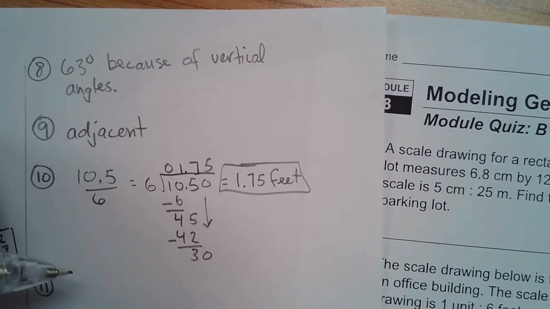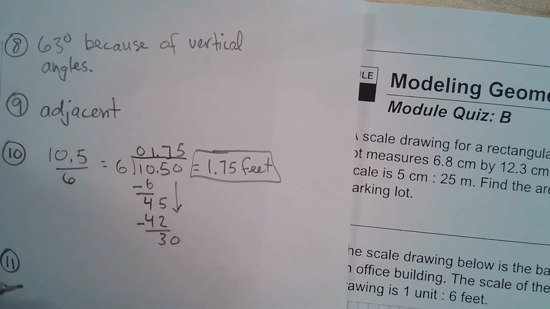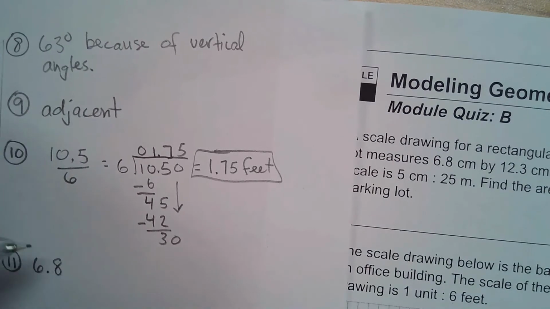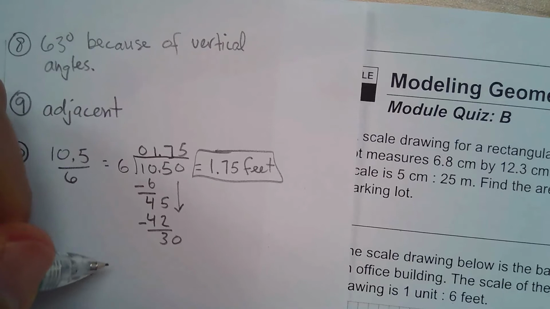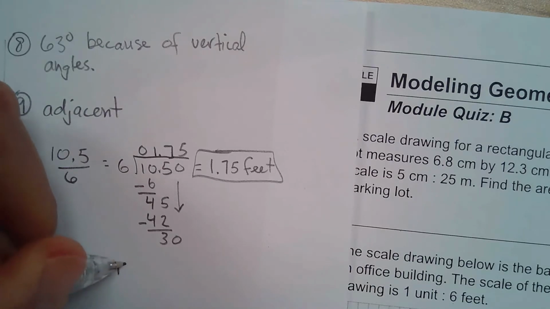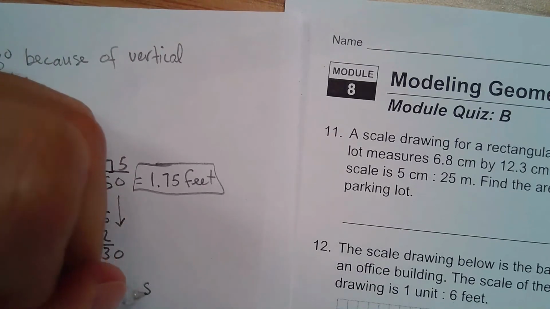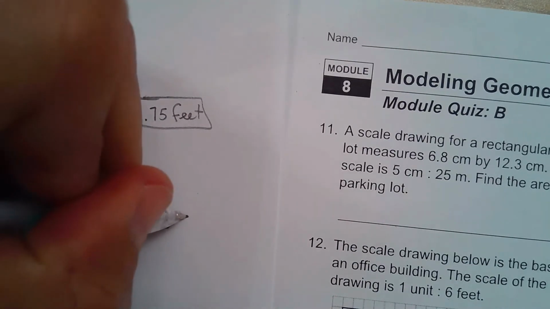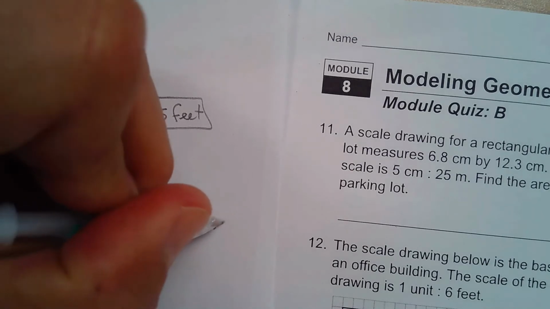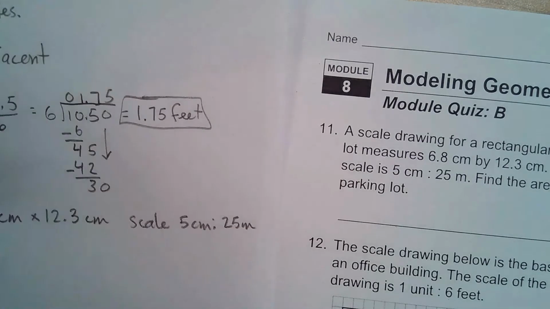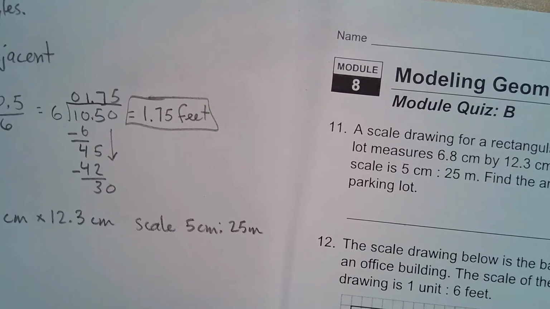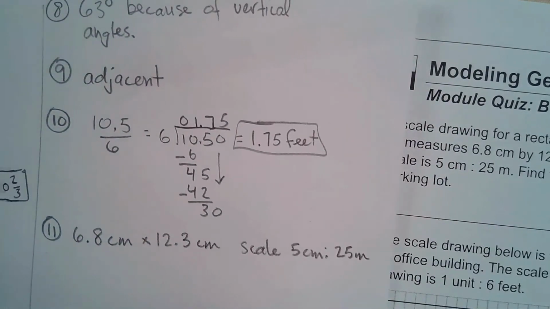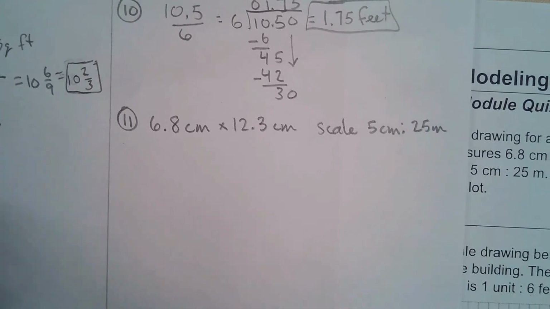We have the scale parking lot is 6.8 centimeters by 12.3 centimeters, and the scale is 5 centimeters corresponds to 25 meters. Okay, find the area of the parking lot.